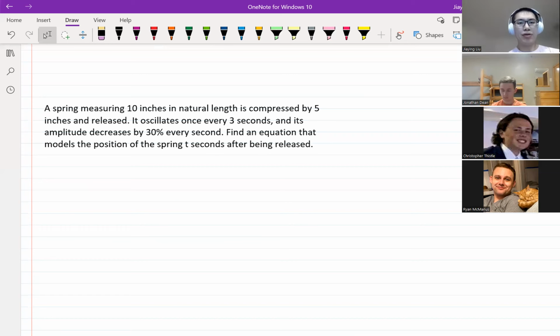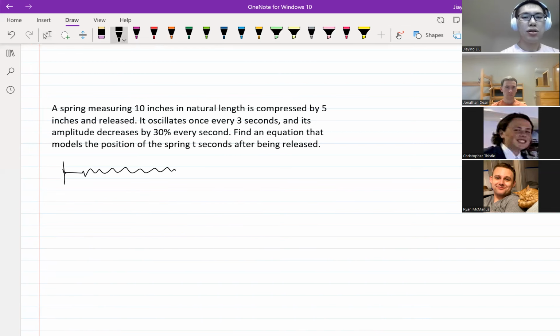It says a spring measuring 10 inches in natural length is compressed by 5 inches and released. So here we have a spring. Normally, if it's not compressed, not stressed, it's going to be 10. But now the spring is being compressed by 5 inches, so it's actually 5 inches shorter.